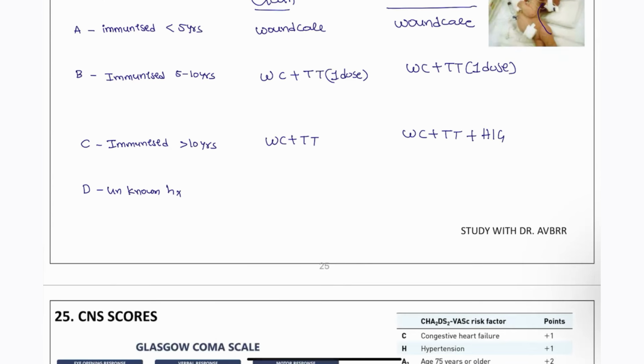Next, unknown history: wound care along with TT and also human immunoglobulin, plus this patient completes the course of the TT injection. Complete course should be given.